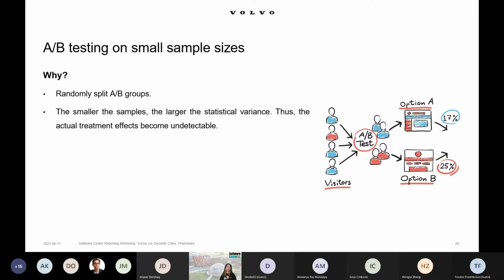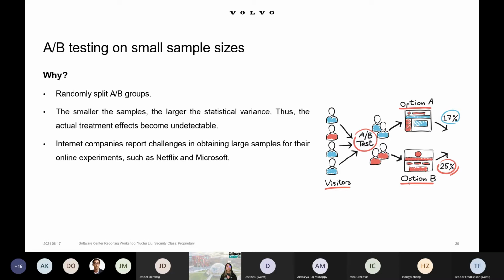And the smaller the samples are, the larger the statistical variance will become. Thus, the actual treatment effect might become undetectable, and you're just wasting time and money running experiments that cannot be used. And we have very good examples from internet companies that have been reporting challenges in obtaining large enough samples for their online experiments.